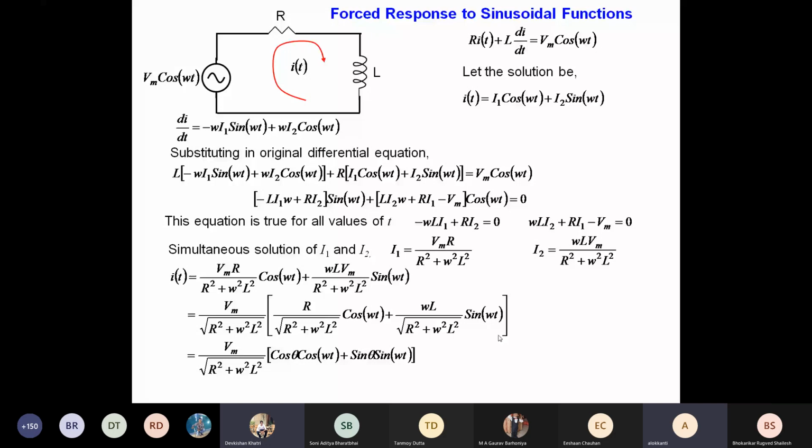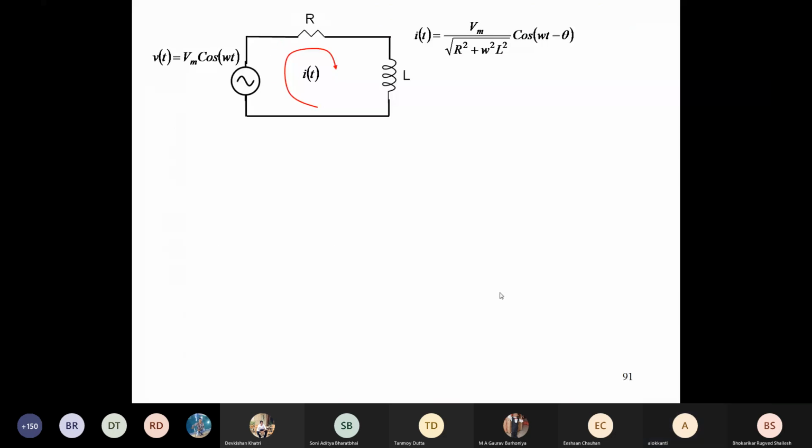Your cos theta is r by root over r square plus omega square L square, and sin theta is omega L by root over r square plus omega square L square. So this will basically lead to Vm by root over r square plus omega square L square cos omega t minus theta.